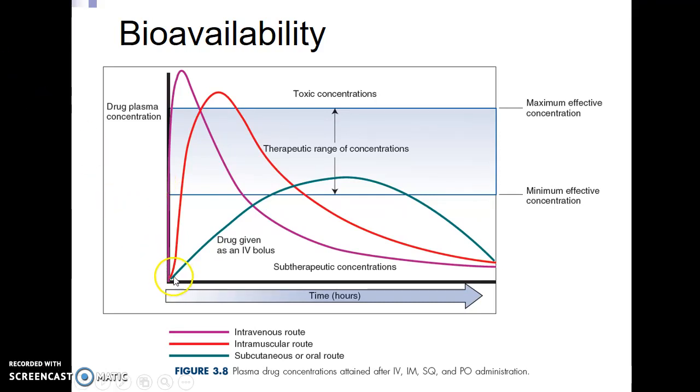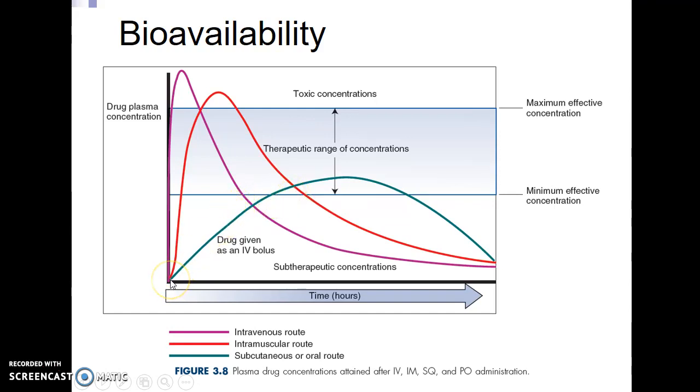So then we have the intramuscular route. Again, we go pretty fast. We get up to a high level concentration into the toxic area again. We don't stay there for too long. And the total time that we're in the therapeutic range is longer than giving it IV.